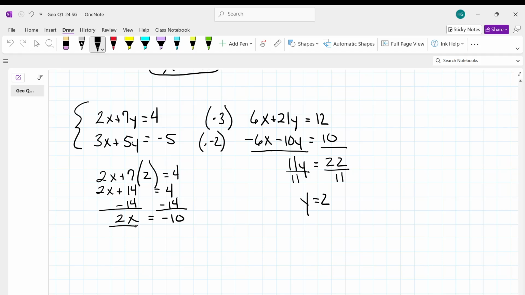And then divide both sides by 2. So our x is equal to negative 5. So our solution is negative 5, 2.